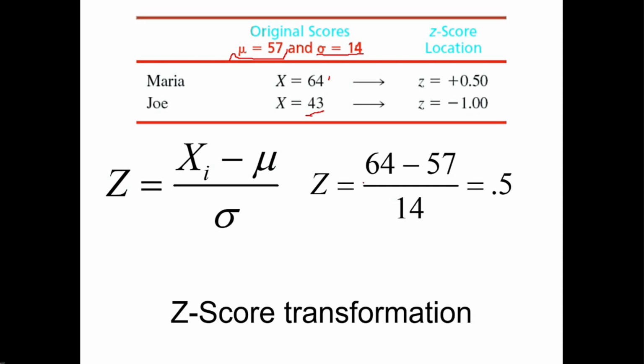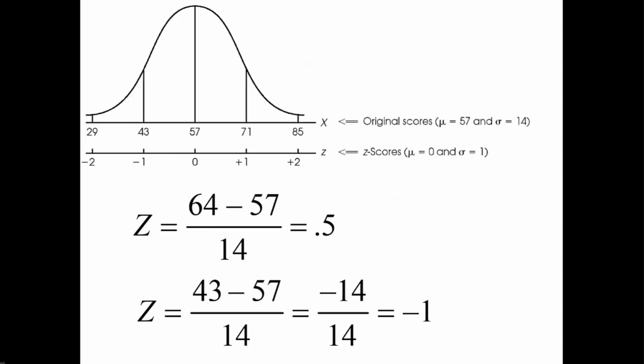So Maria is at 64. She is half a standard deviation above the mean. Joe is at 43, so he'll be 1 standard deviation below the mean. And then here's the score.